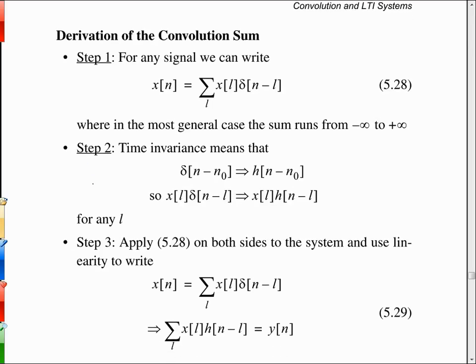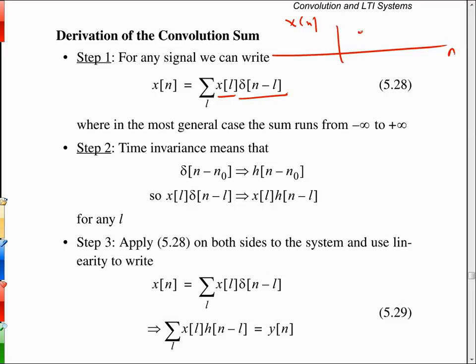So for starters, we can take any sequence x of n and expand it on the right-hand side here by taking all the values in the sequence and placing them on the time axis using a time-shifted delta sequence, and then letting the amplitudes be x of L. Now you can look at that and say, that seems like a lot of work when x of n is just a sequence that rolls off all by itself, but it's important in the next step, in step number 2, to be able to say we can take the individual values of x of n and cite them on the time axis.